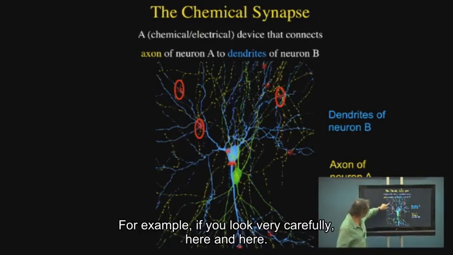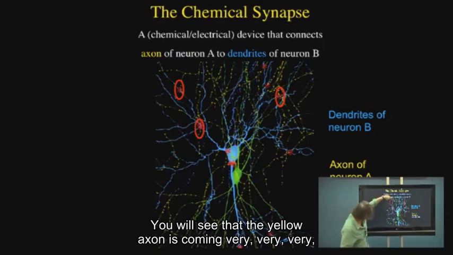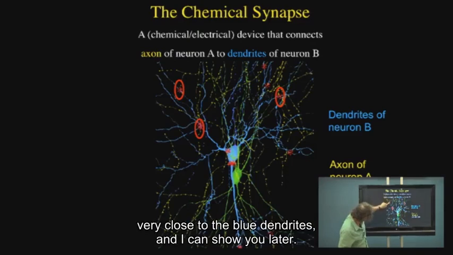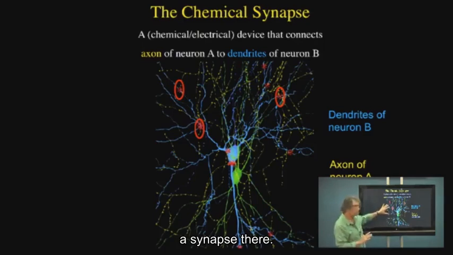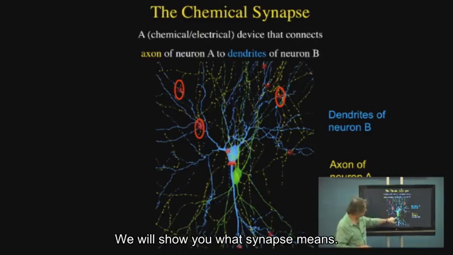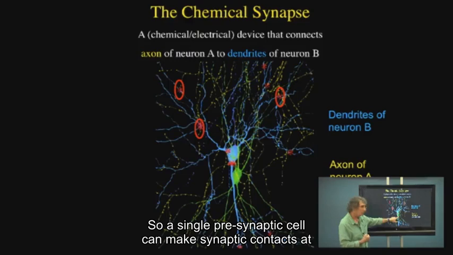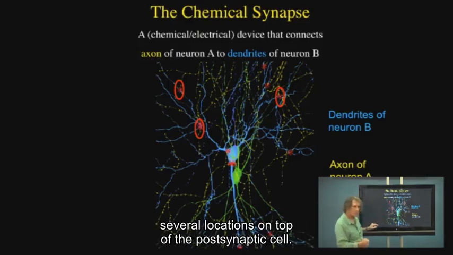For example, if you look very carefully here and here, you will see that the yellow axon is coming very, very close to the blue dendrite, and I can show you later, but at this resolution you cannot see that there is indeed a synapse there, and we'll show you what synapse means. So a single presynaptic cell can make synaptic contacts at several locations on top of the postsynaptic cell.